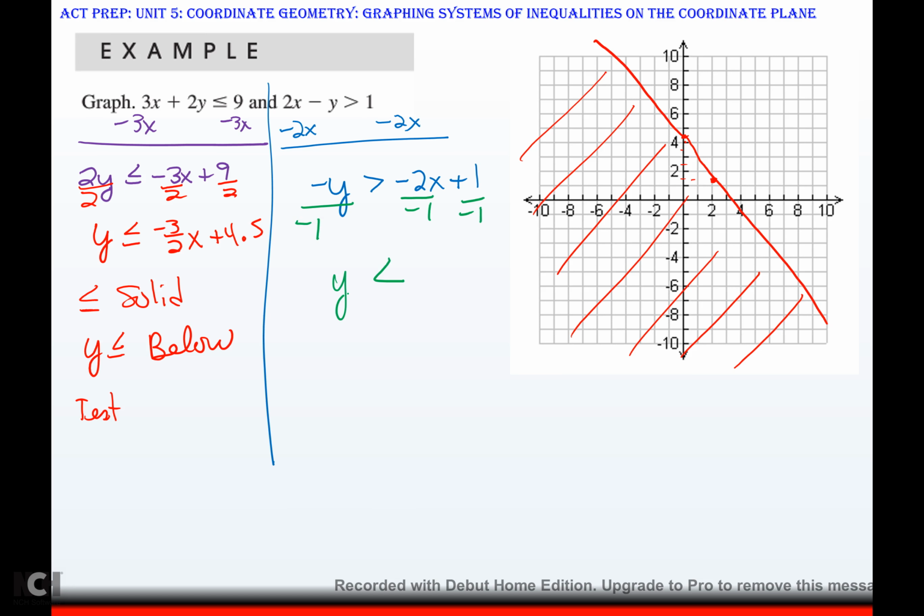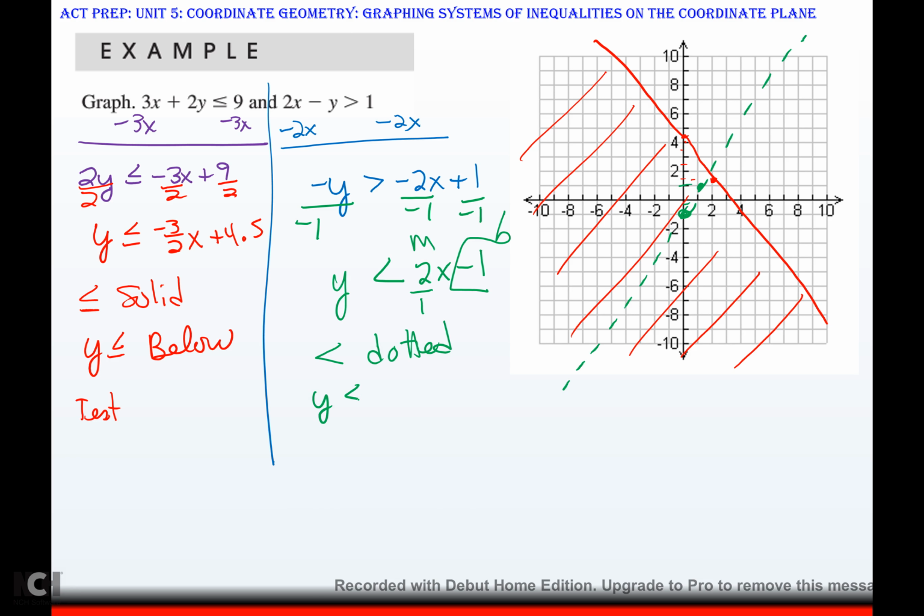So I get y is less than now 2x minus 1. So go looking for b. Take the elevator to the negative first floor. Not there. The monkey says go up 2 over 1. Now, because there's no bar, that means I'm going to connect dotted. So connect your dots with a dotted line.